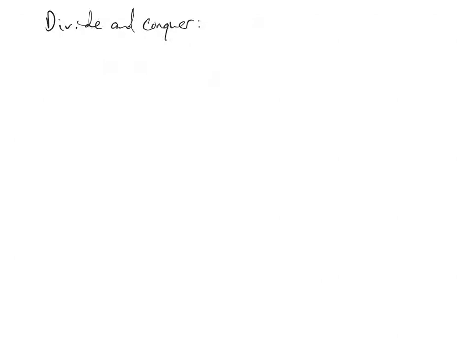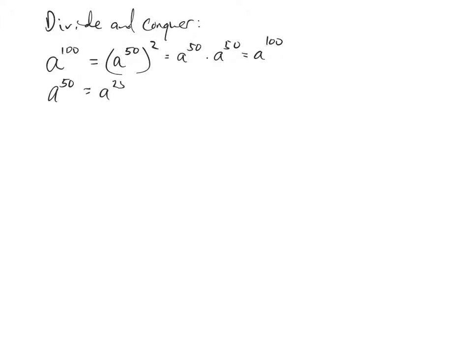It's not nearly as clever as in Karatsuba and Strassen's and other things we've seen, but the idea is if you want to compute a to the 100th, you compute a to the 50th, and then you square it. Because a to the 50th squared is a to the 50 times a to the 50, which is a to the 100th. So that's cunning. And then how do you compute a to the 50th? Well, that's a to the 25 squared, and so on.